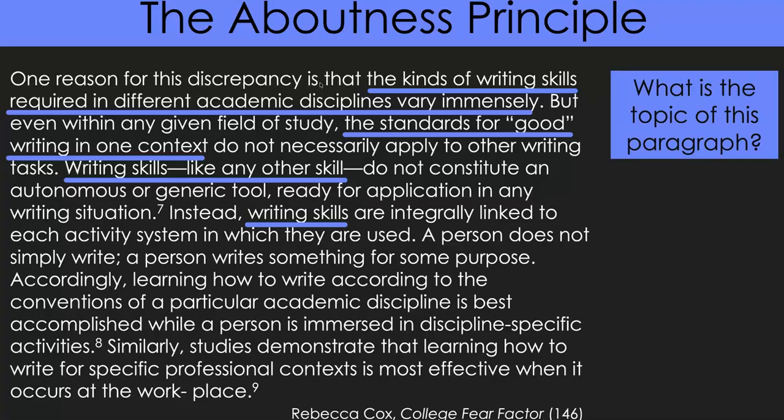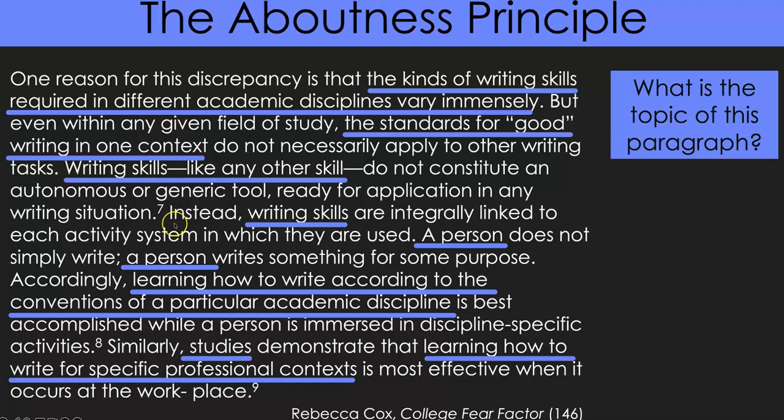But if we look in this sentence, a person does not simply write, or a person writes. So we can see that write is still a core idea, even though it's shifted to the verb here. So it's not really what the sentence is about now. Again, learning how to write according to different disciplines. Studies demonstrate, but we can see the studies about what? Learning how to write for a specific professional context.